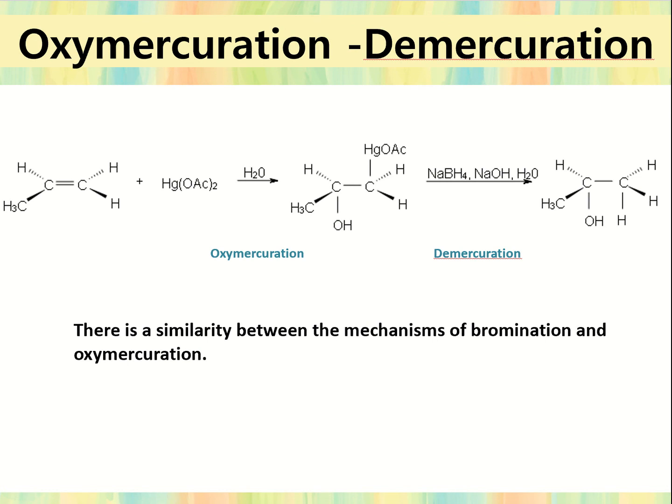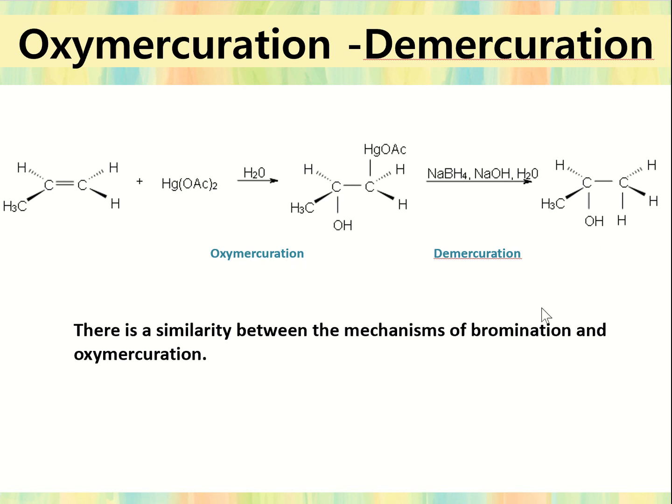Another reaction that you would have been introduced to is oxymercuration-demercuration. It sounds fancy, but really it's just a reaction of an alkene with mercury acetate. The first step is called the oxymercuration, and then the second step, which involves sodium borohydride, base and water, involves demercuration, or removal of the mercury acetate, to form our alcohol.